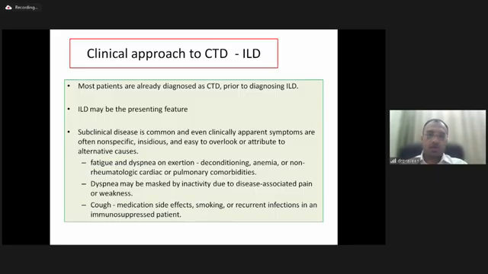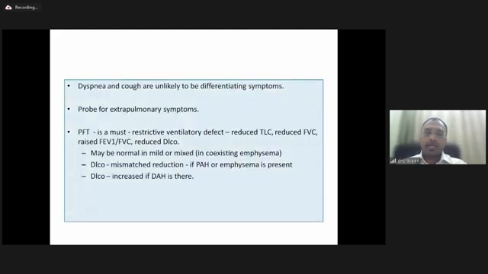They are not walking around, so dyspnea is masked. The cough, they think it could be because of medication side effects, etc. So these symptoms are unlikely to be differentiating symptoms for a CTD ILD from other types of ILD. So we need to probe for extrapulmonary symptoms in every patient in whom we suspect a CTD ILD.